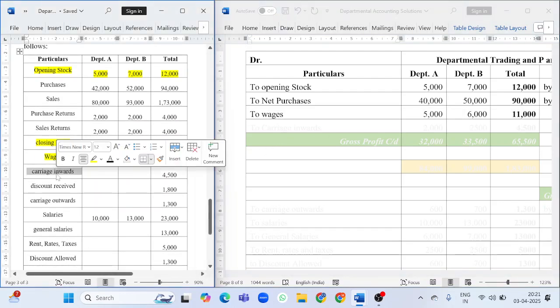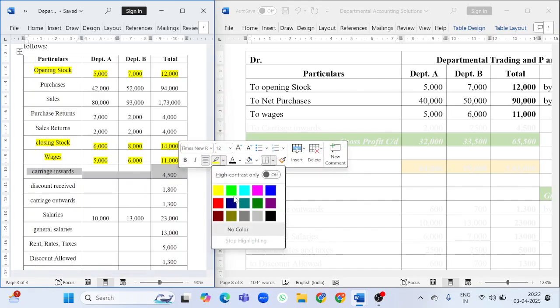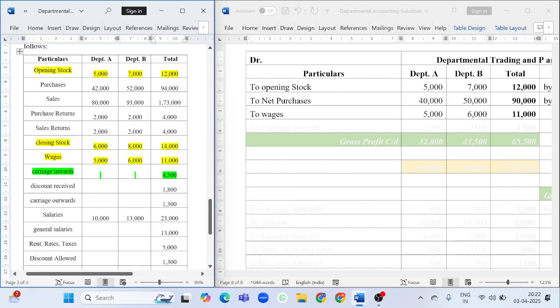Next they have given carriage inwards, but if you observe here, they have not given the expense of each department, like how much department A expenses are, or what the expense of department B is. That they have not shown here. The total they have given is 4,500, and now we have to divide this 4,500 among two different departments.